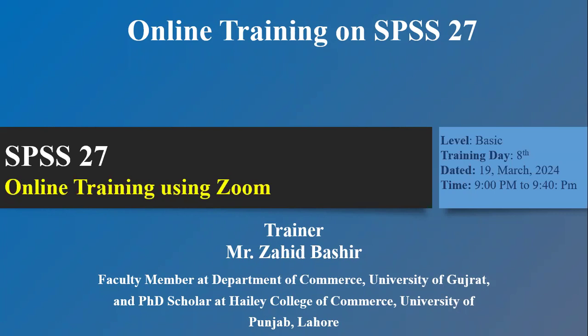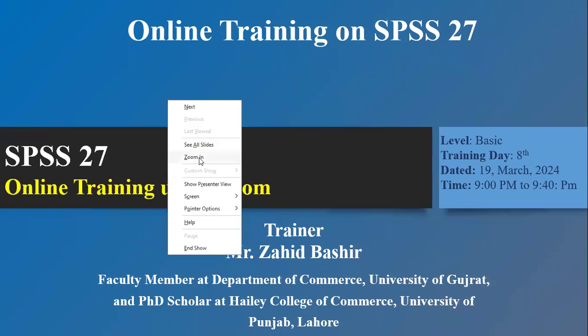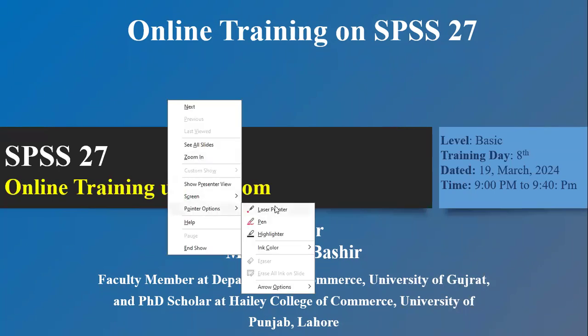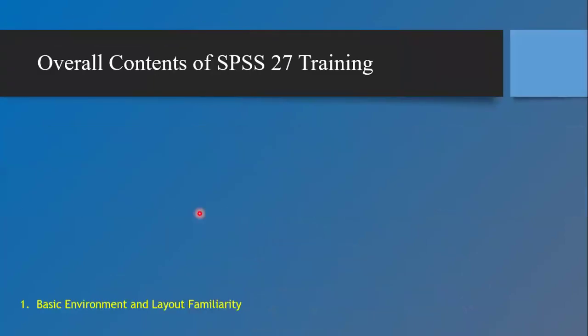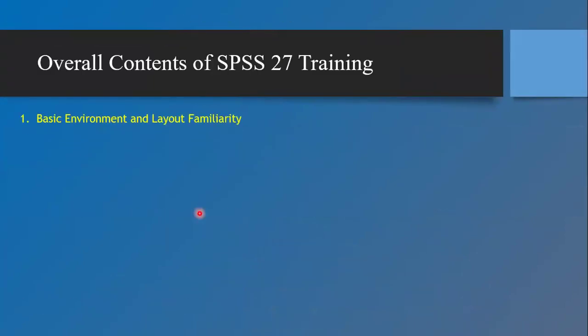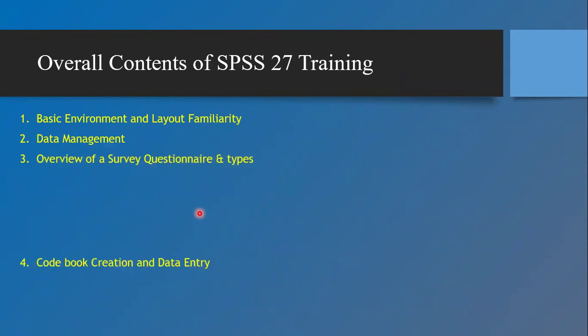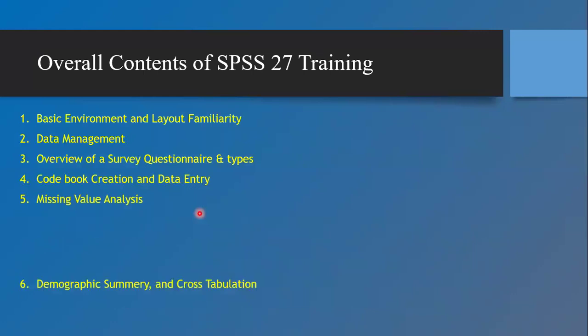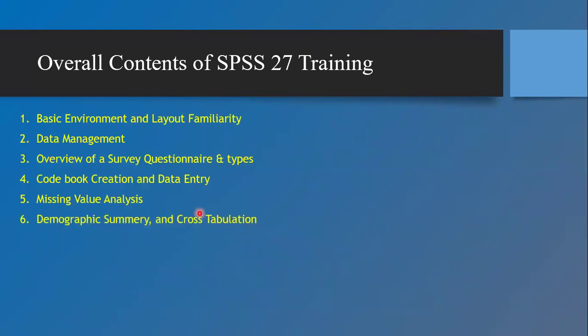So, what are the contents for today's part and what we are going to discuss today? These are the contents that we have covered so far: basic environment and layout familiarity, data management, overview of the survey questionnaires and types, code book creation and data entry, missing value analysis, demographic summary and cross tabulation, and reliability analysis.